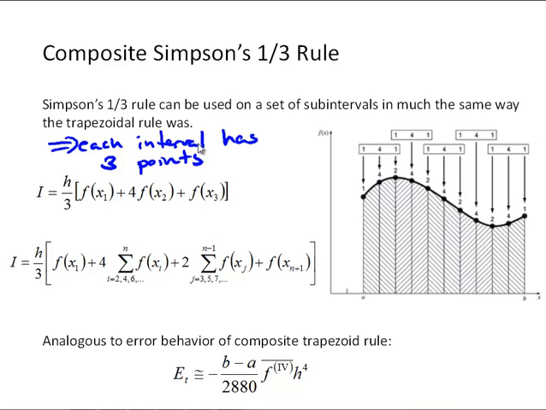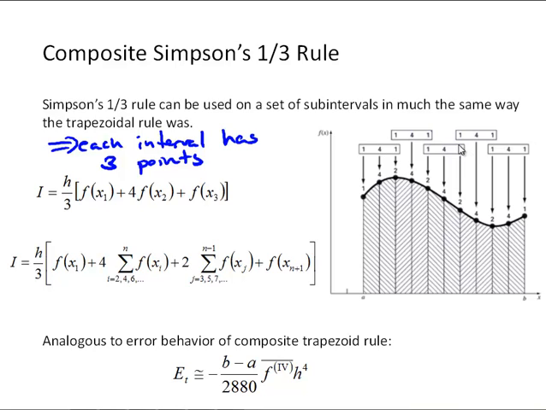So recall Simpson's rule, we have h over 3 times f of x1 plus 4f of x2 plus f of x3. So looking back here at this figure, you can see we're going to have 1, 4, 1 for the first 3 points, so points 1, 2, and 3. Then we're going to have 1, 4, 1 again for points 3, 4, and 5, and 1, 4, 1 for points 5, 6, and 7.